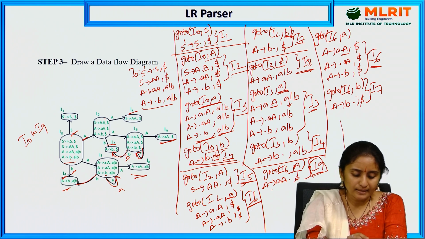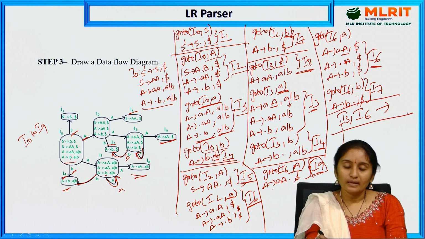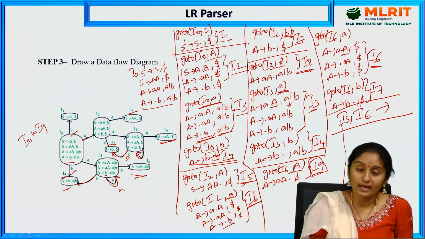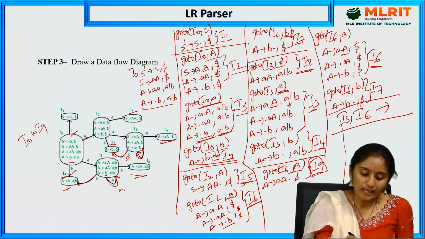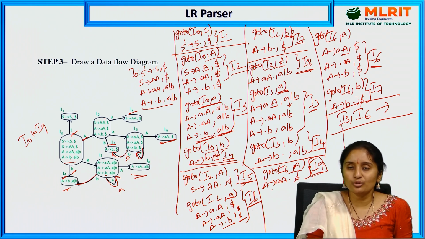Check I3, A dot A. See here, I3 and I6. In I3 we have the same productions as in I6 also. But here the look aheads are A or B and here the look ahead is dollar. Still the look aheads differ, we are going to merge those two states.